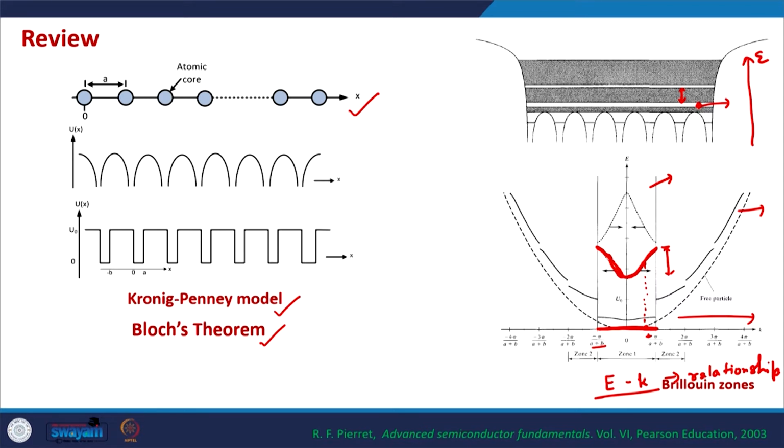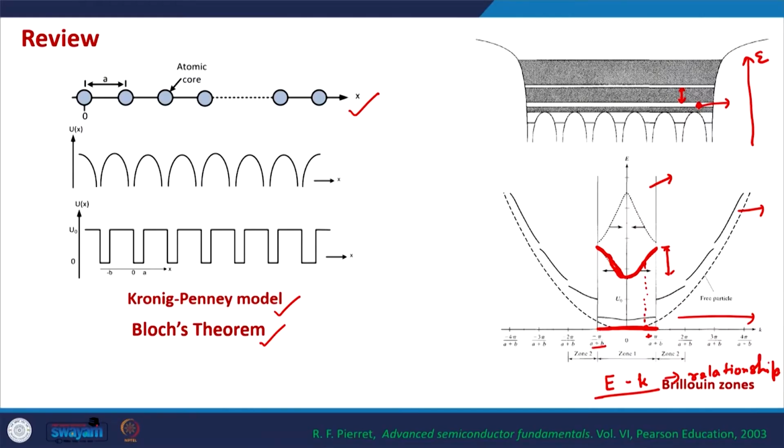So, for 2D solids EK plot is 3D and for 3D solids it is 4D. So, that is why we are trying to understand these concepts in 1D case, so that the visualization is simpler and we can grasp as many concepts as possible. So, this is about the bands and Brillouin zones.